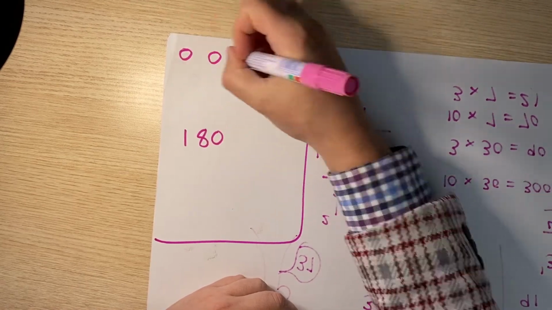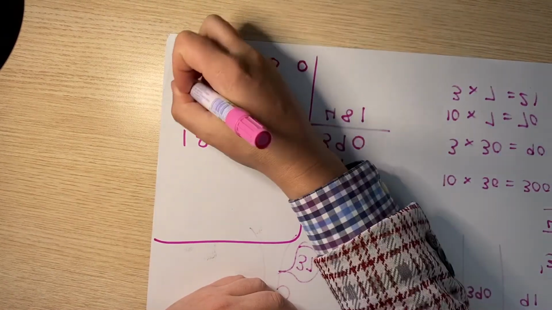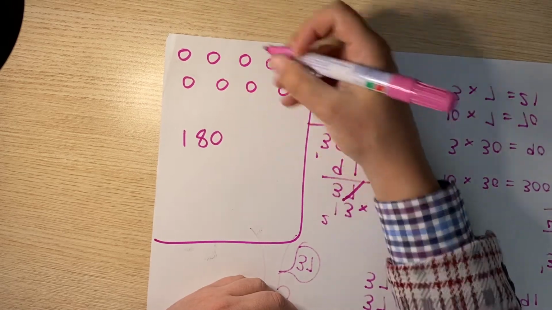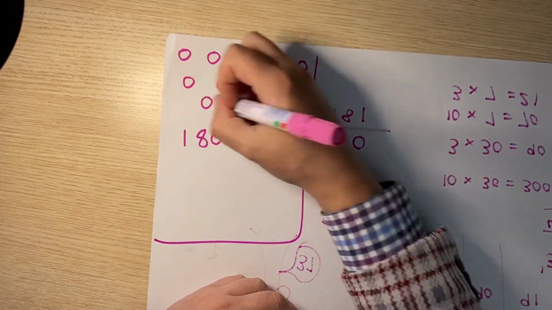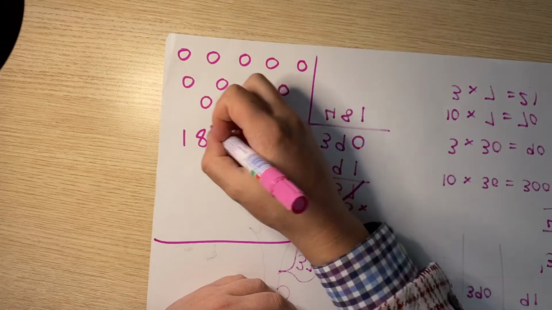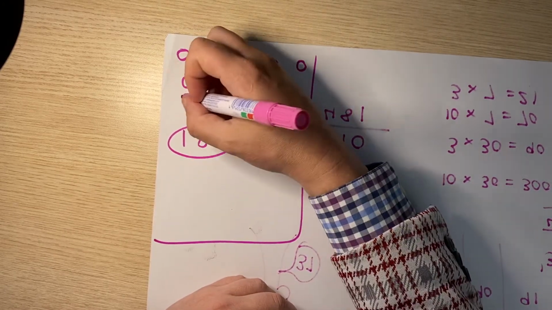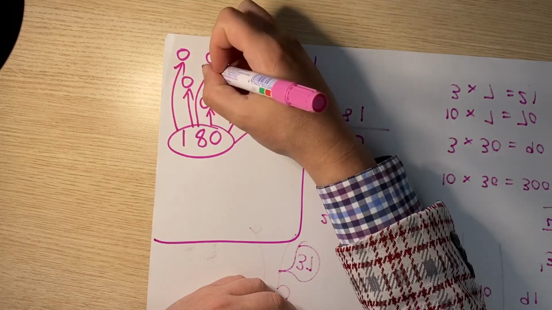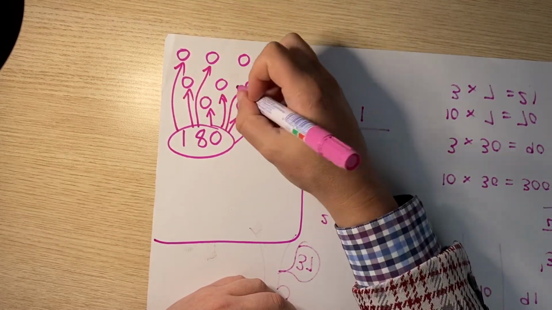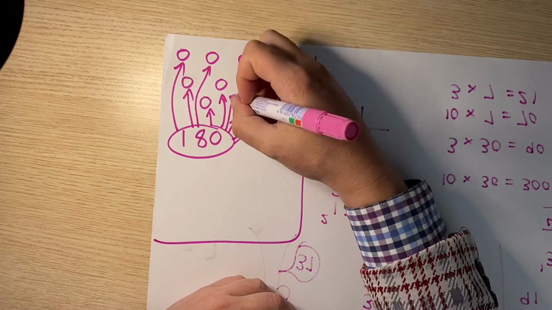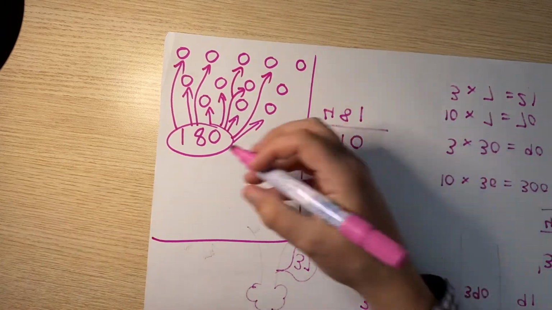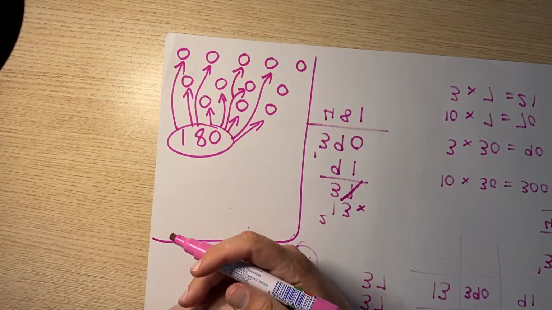So if I have my 12 chickens, I'm just going to draw circles for the chickens. 2, 4, 6, 8, 9, 10, 11, 12. I'm sharing out the $180 to each chicken because I'm trying to find out how much each chicken cost. So in that case, this is a division question. So we need to share the 180 amongst the 12 chickens.